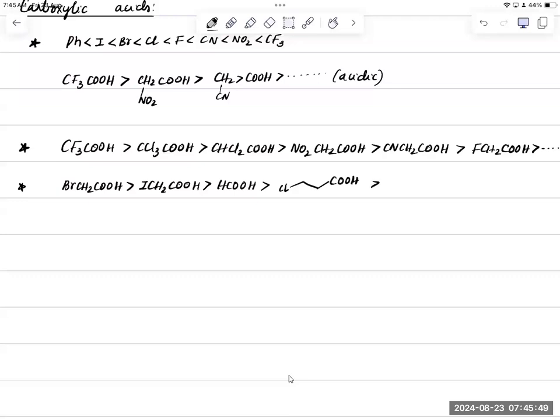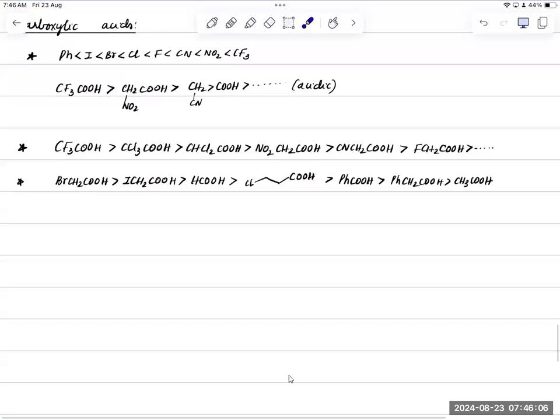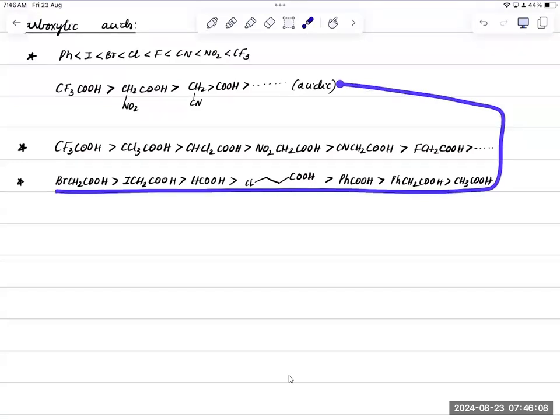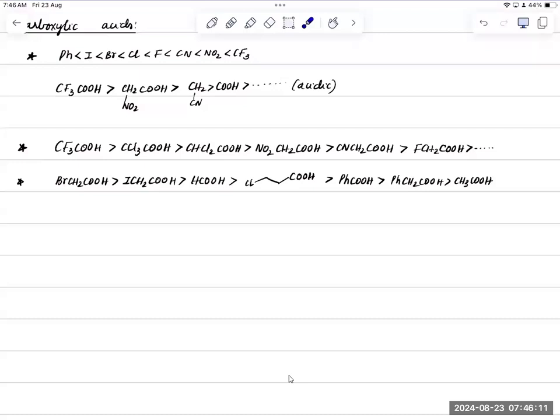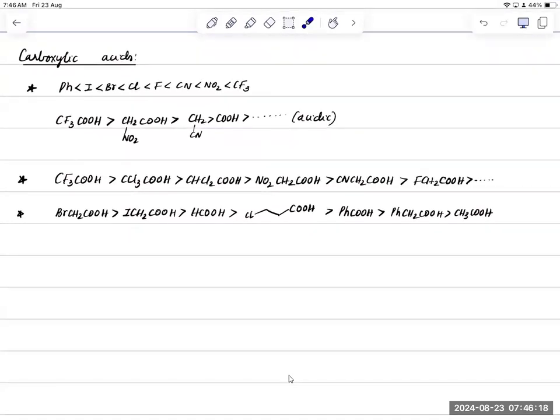Formic acid is still going to be greater than benzoic acid. This is slightly greater than benzoic acid, and then PhCH2COOH, and then comes CH3COOH. Again, an extremely important order, very, very important order. All of these were given earlier in NCERT. So please check it out. Any doubt here, you can ask. Everything is based upon the minus I effect here.